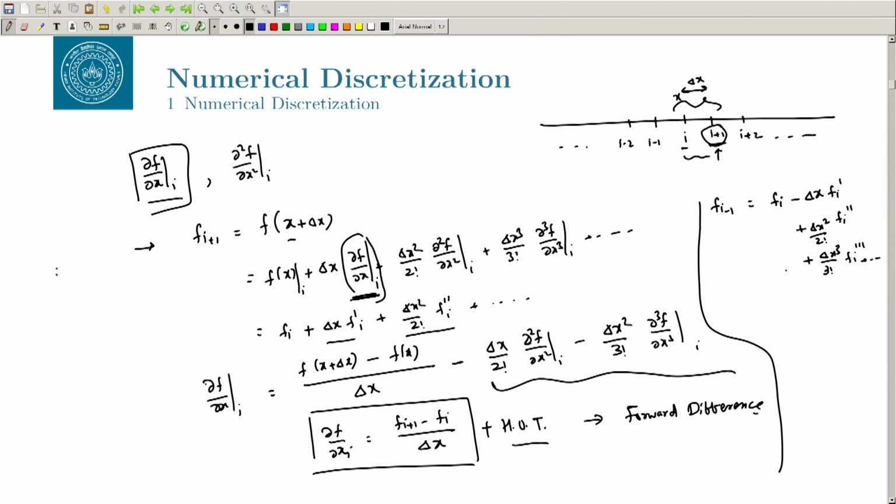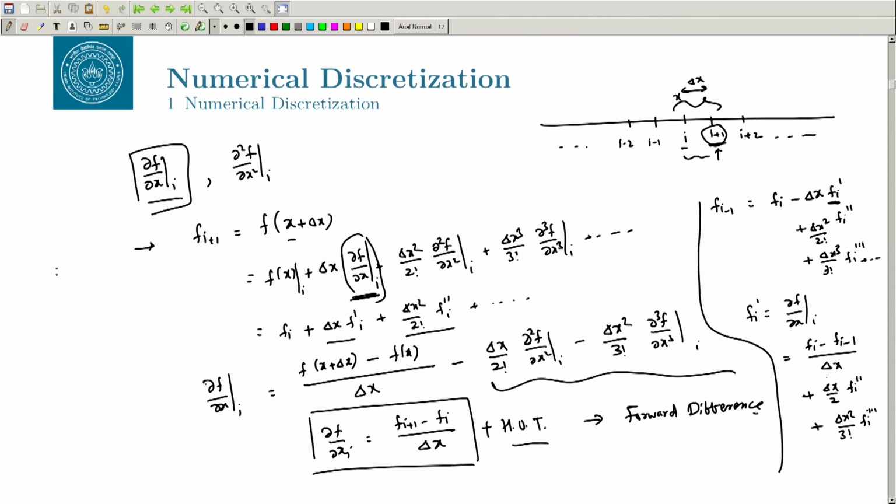If you take this on the left side, this will become f I prime, which is basically del f by del x at I, equal to f I minus f I minus 1 by delta x, plus delta x by 2 f I double prime minus delta x square by factorial 3 f I triple prime.